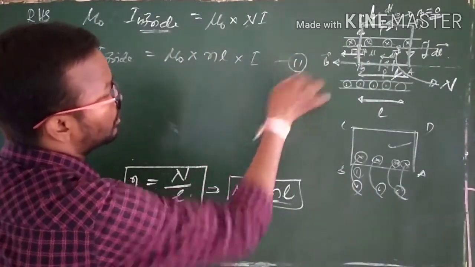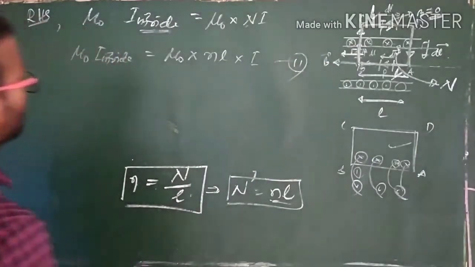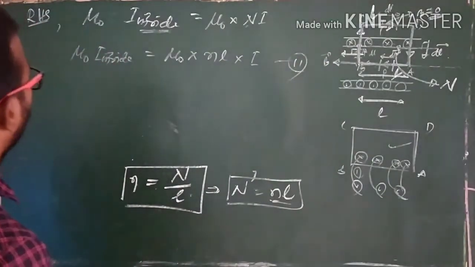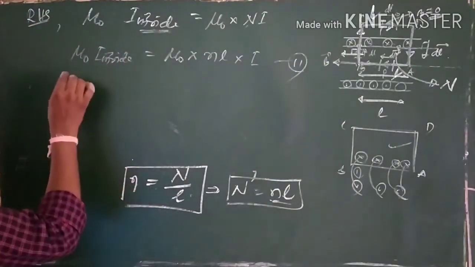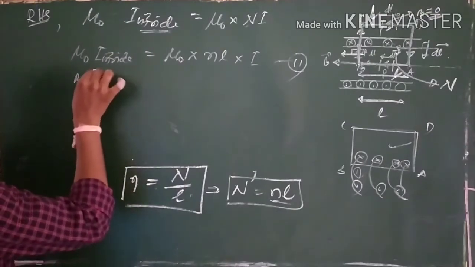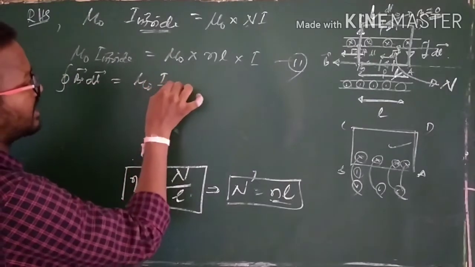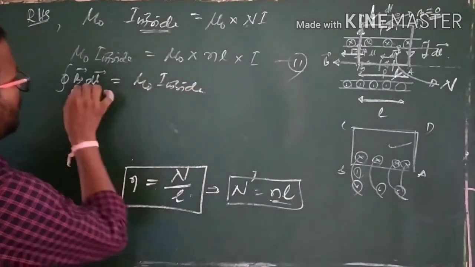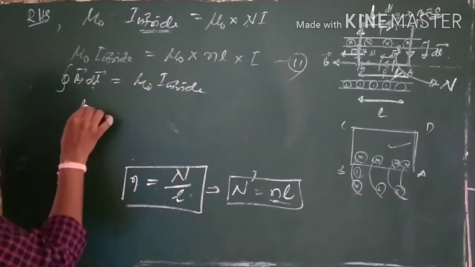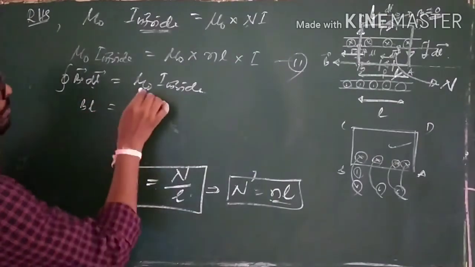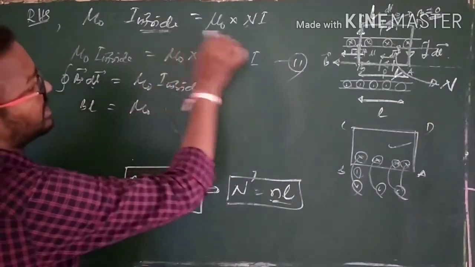This is equation 2. If we use equation 1 and equation 2 in Ampere's circuital law, that is the closed integral of B dot dl equal to mu naught times I inside, then what is B dot dl? From equation 1 we can write B dl, and this is equation 2.